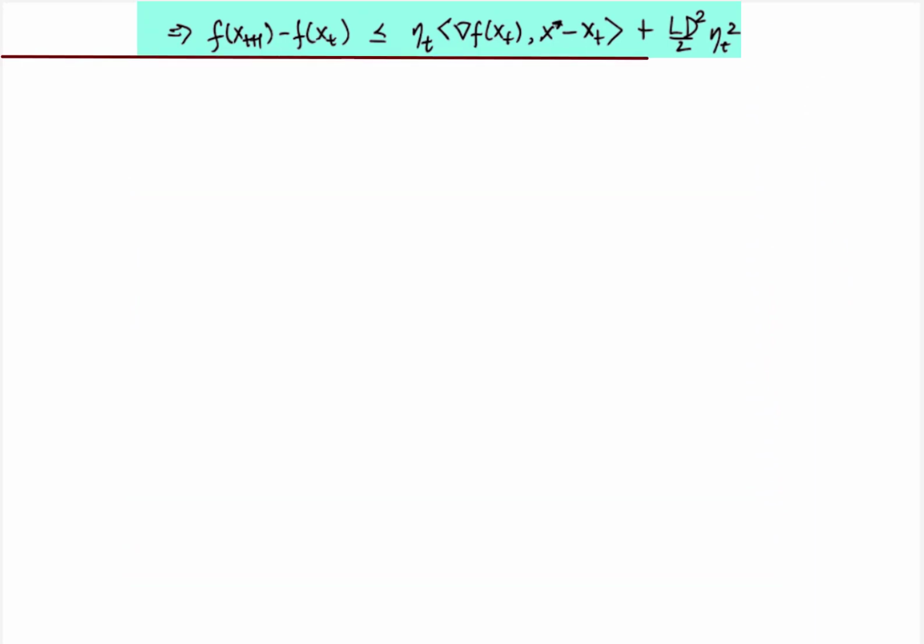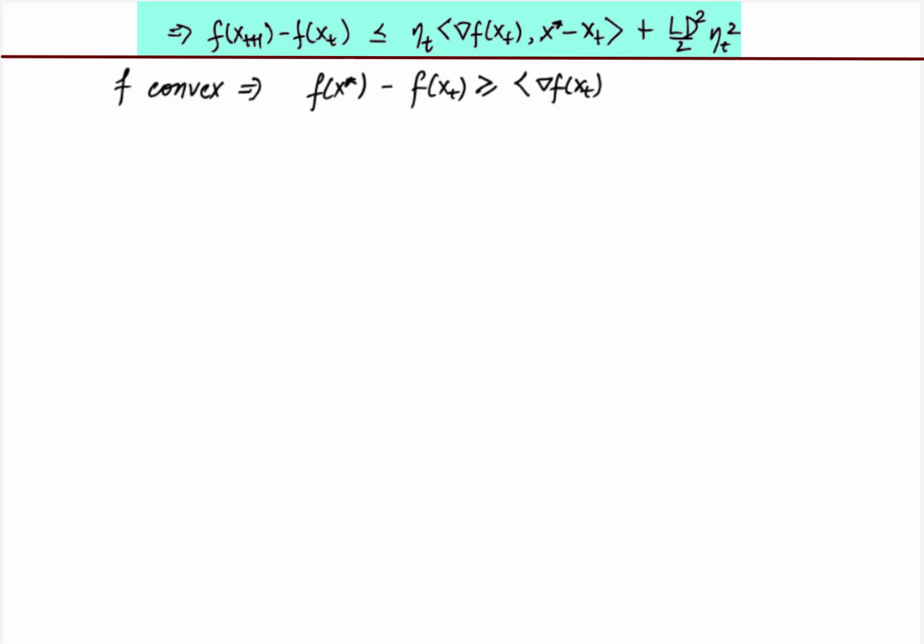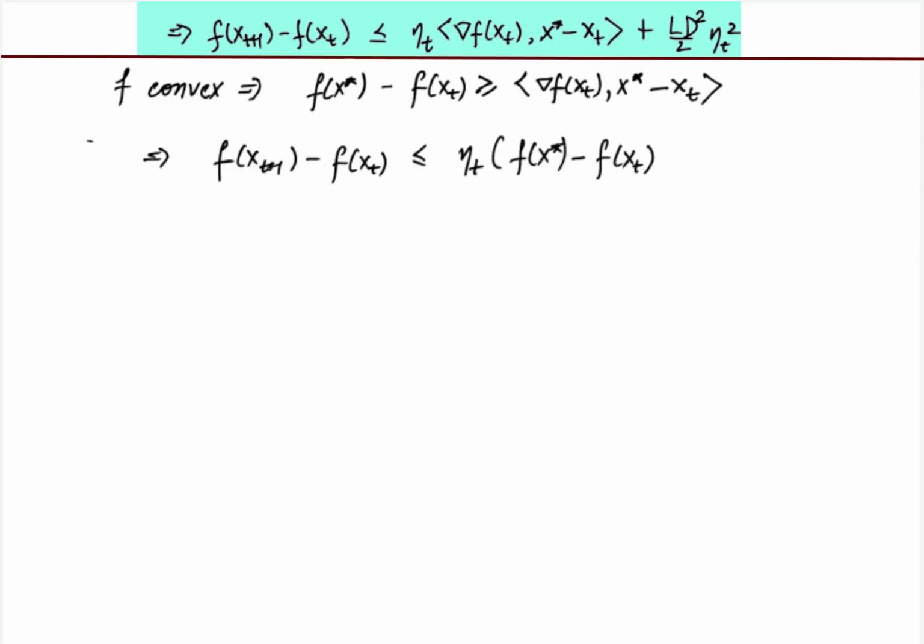Next, the first term can be bounded using the first order convexity condition, which says that f of x star minus f of xt is greater than equal to inner product of gradient f of xt comma x star minus xt. So we obtain the bound that the right hand side is less than equal to eta t times f of x star minus f of xt plus L by 2 eta t square D square.